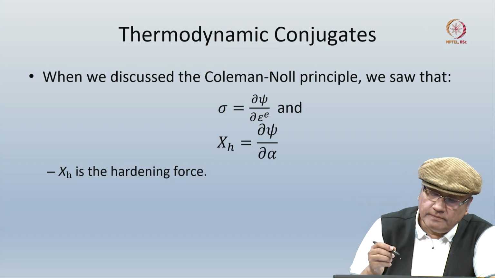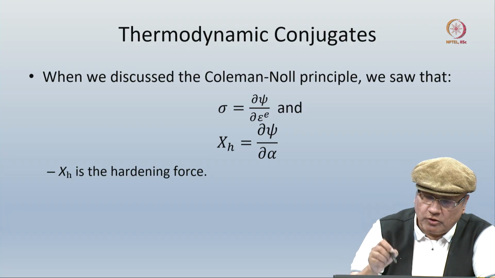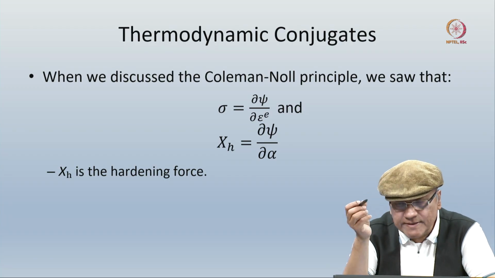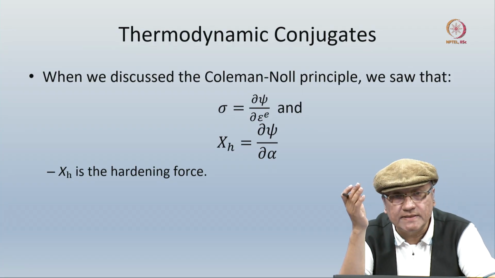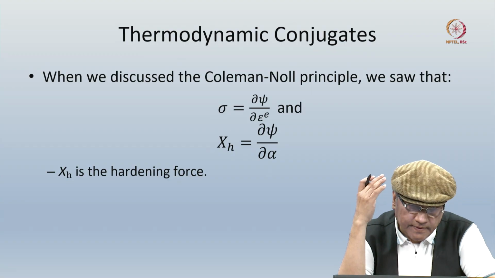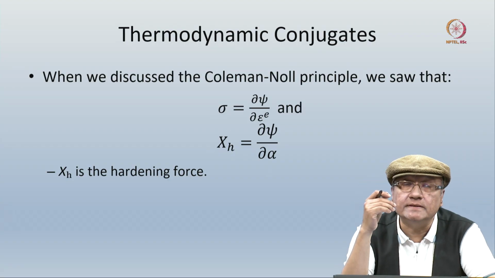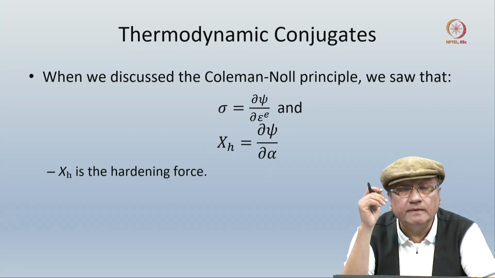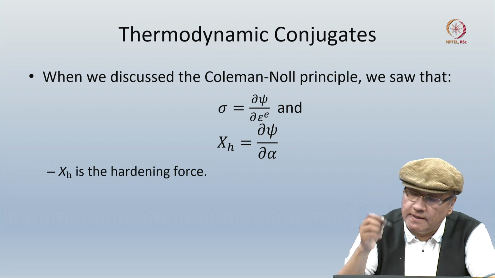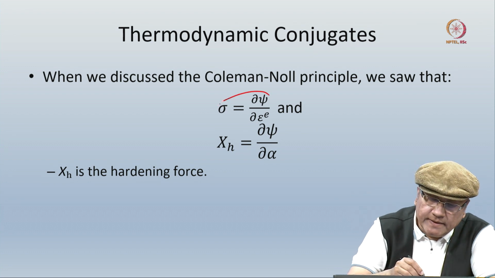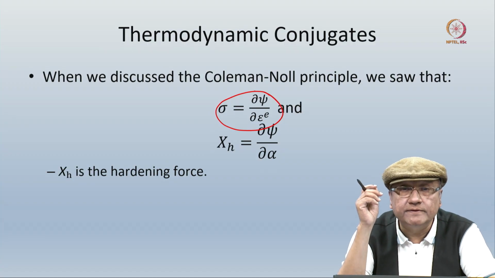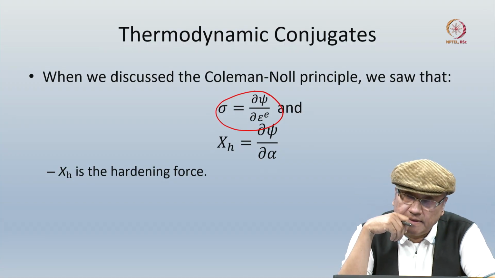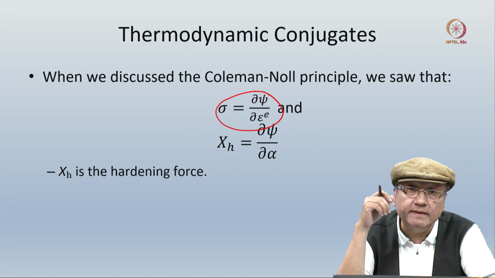So if we invoke the Coleman-Noll procedure, we already saw in the context of thermoelasticity, in the special case of elasticity, as well as in perfect plasticity, that sigma is basically the partial derivative of the free energy with respect to the elastic strain, del psi by del epsilon E.